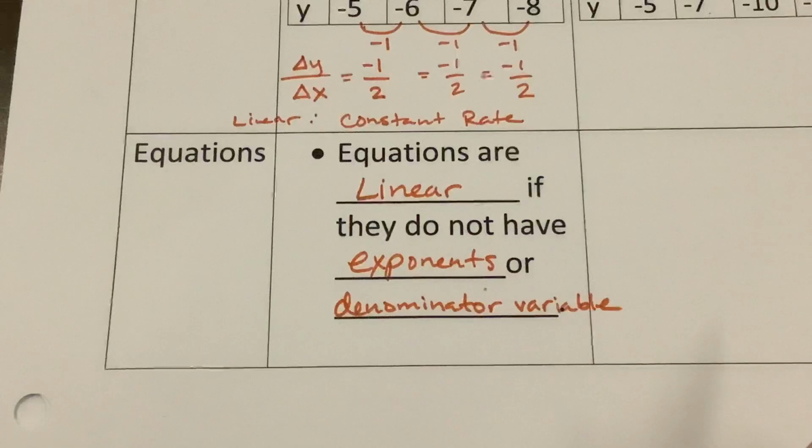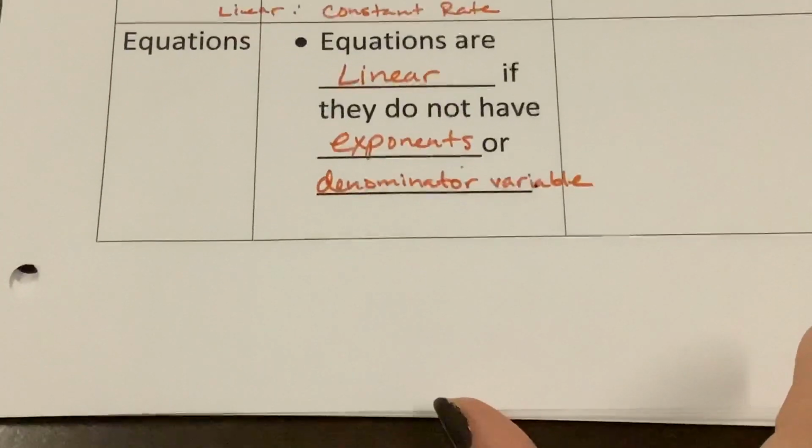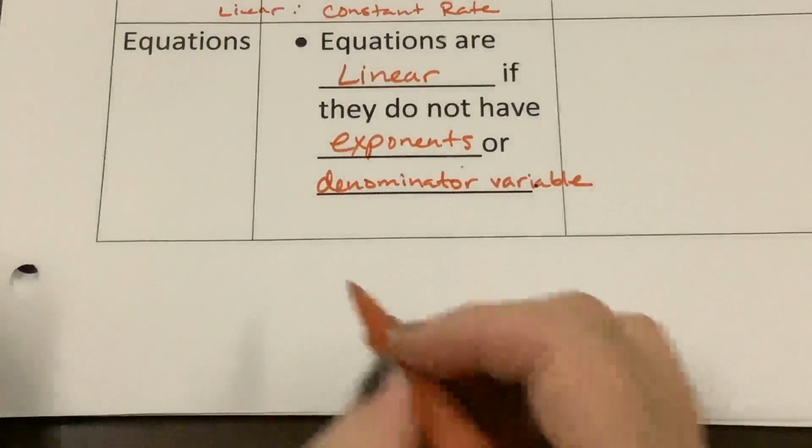It cannot have those two things if it's going to be a straight line. So, for example, and write these underneath so you have examples to look at.